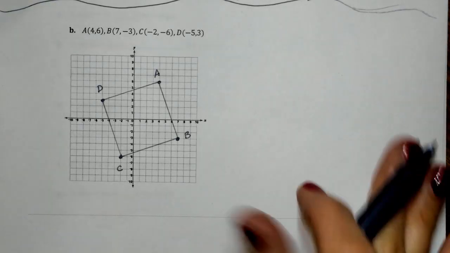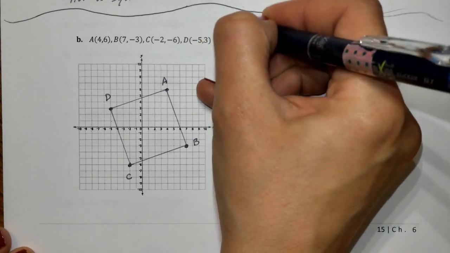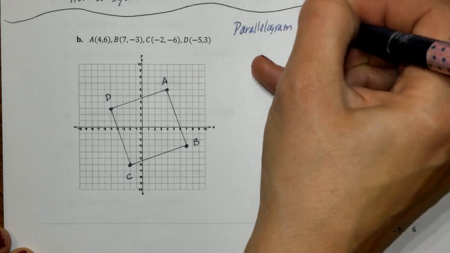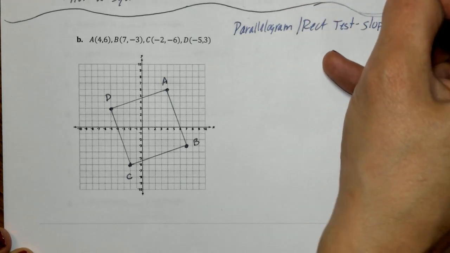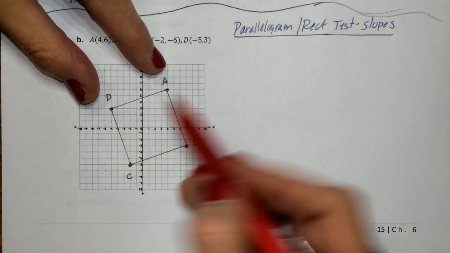So we'll go ahead and start off with, like we did on 1A, the parallelogram and rectangle test using the slopes of the sides. We'll start here with segment AD.